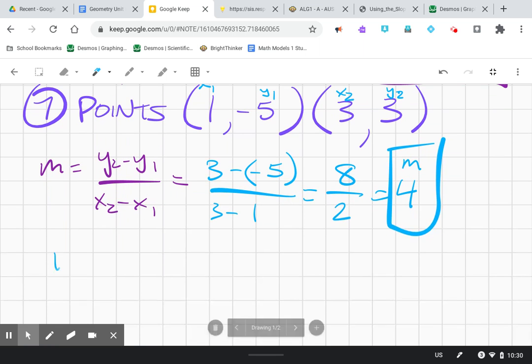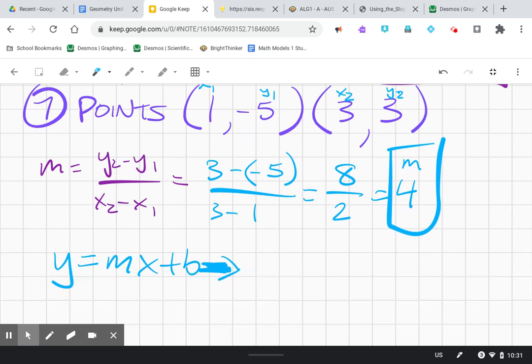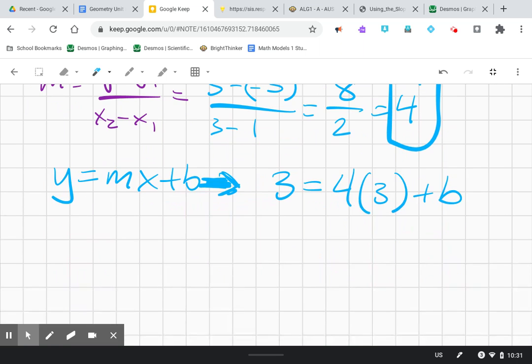So then I go back to my y equals mx plus b, and I plug everything into that. It doesn't really matter which point we use, but we'll use the second point. 3 equals 4 times 3 plus b. 3 equals 12 plus b.